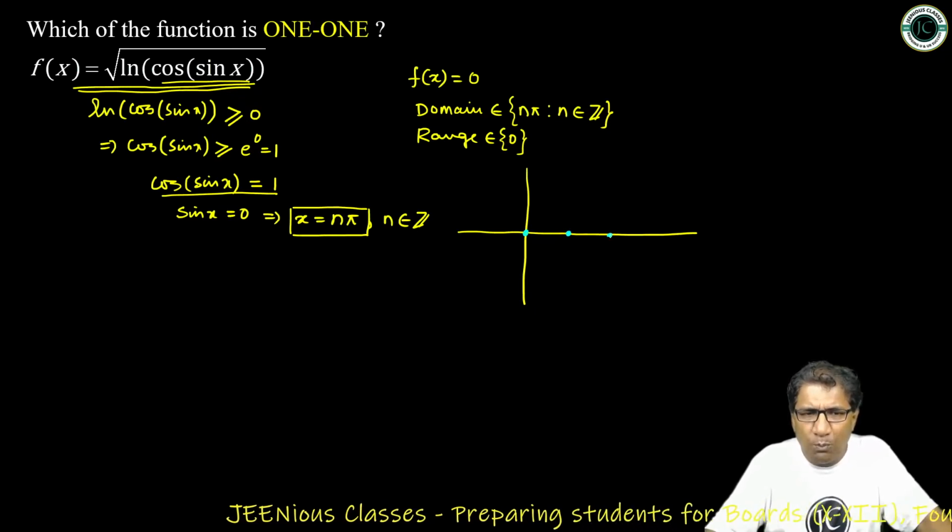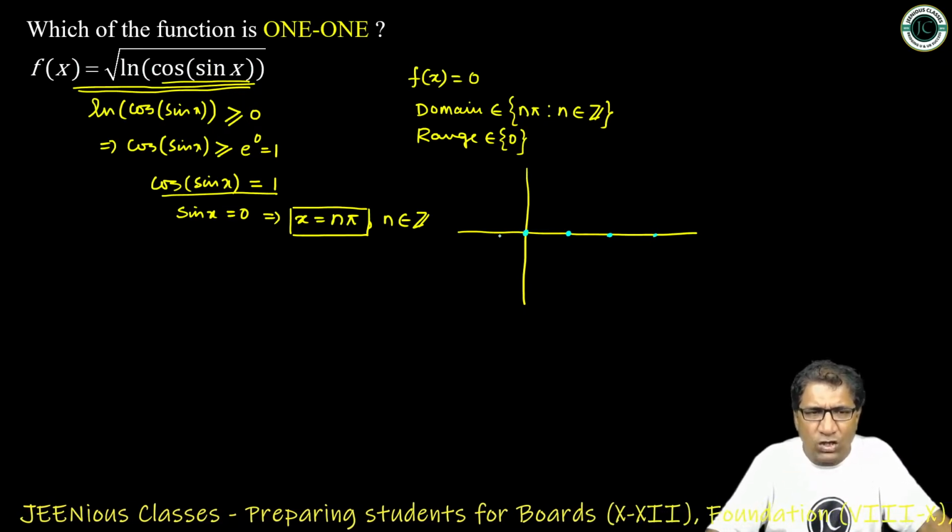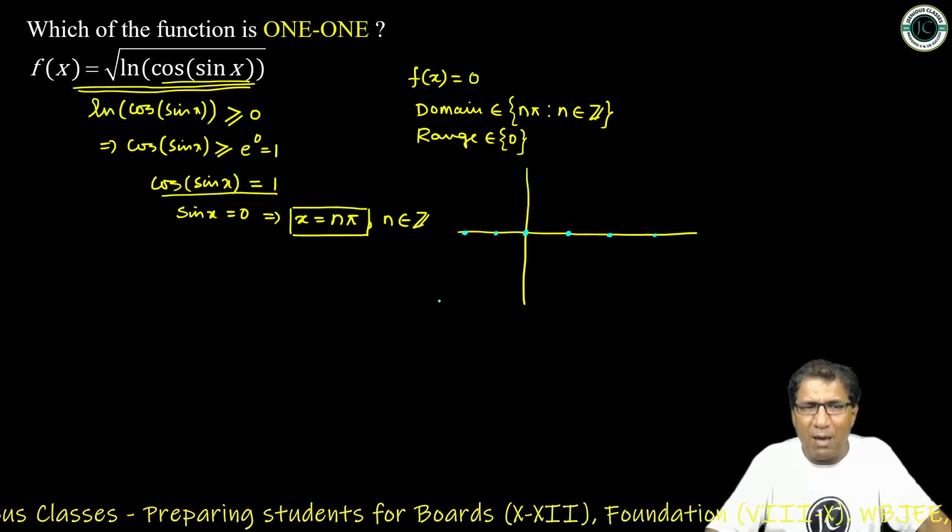When n is 2, the domain will be 2 pi, 3 pi, and so on. Minus pi, minus 2 pi, and so on.